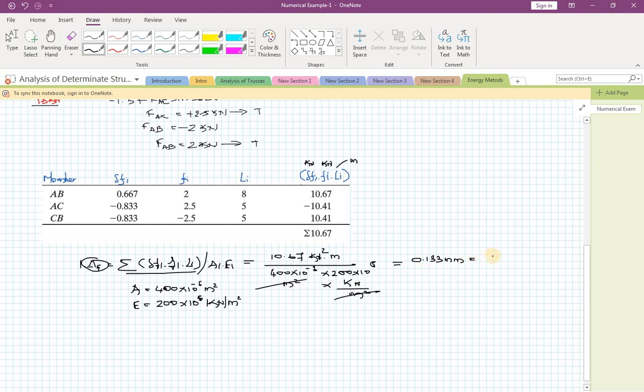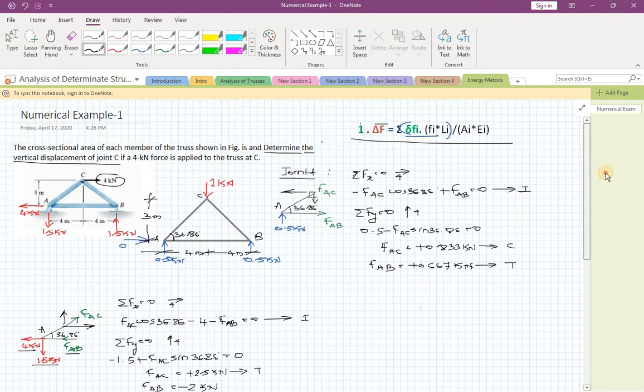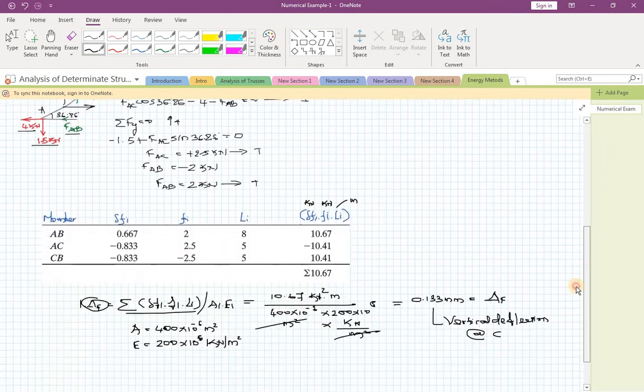So this is delta F, that is actually the vertical deflection at C. So friends, this is how we can calculate the vertical deflection at point C for this.